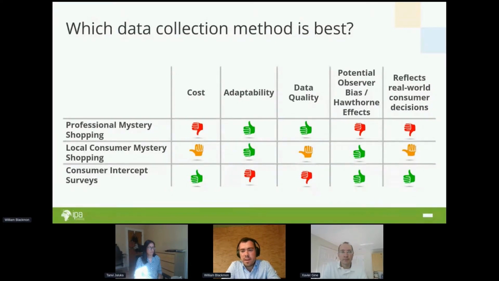In terms of data quality, our expectation is that professional mystery shoppers are going to have the least errors in their data because we can extensively train our own enumerators that are employed by us. We expect local mystery shoppers to be sort of in the middle because they will receive a brief training in the field, but they'll receive less training than professional shoppers.